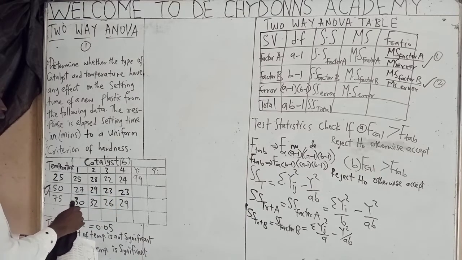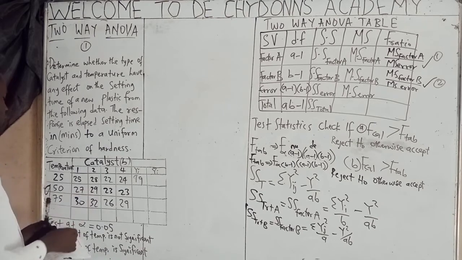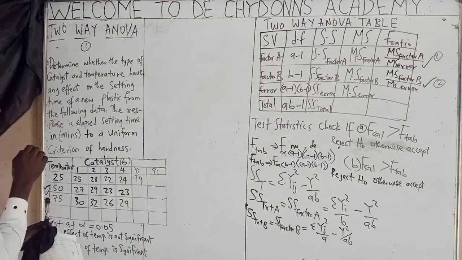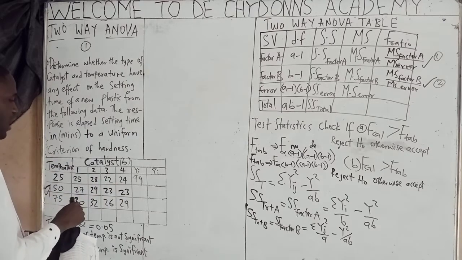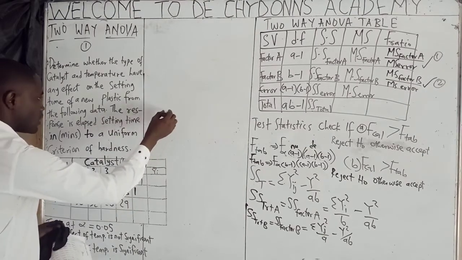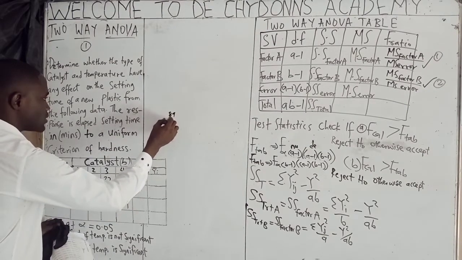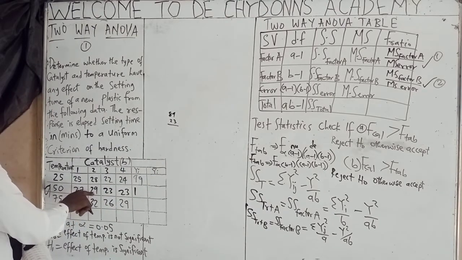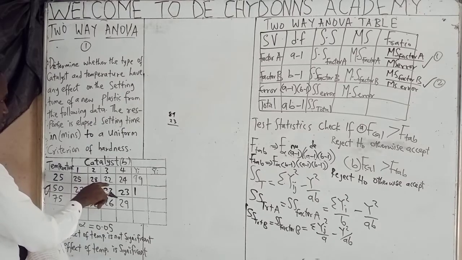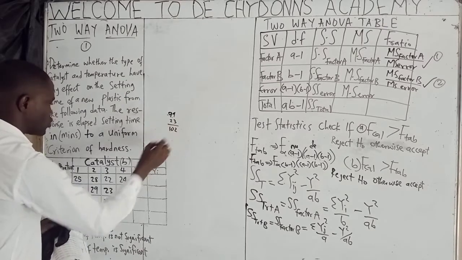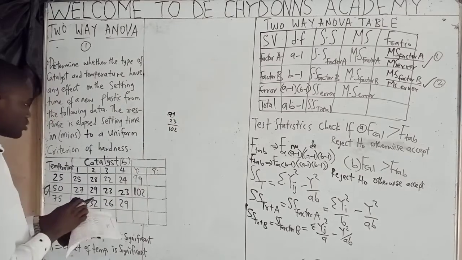If you add it, you'll be getting 102. You write here 102.